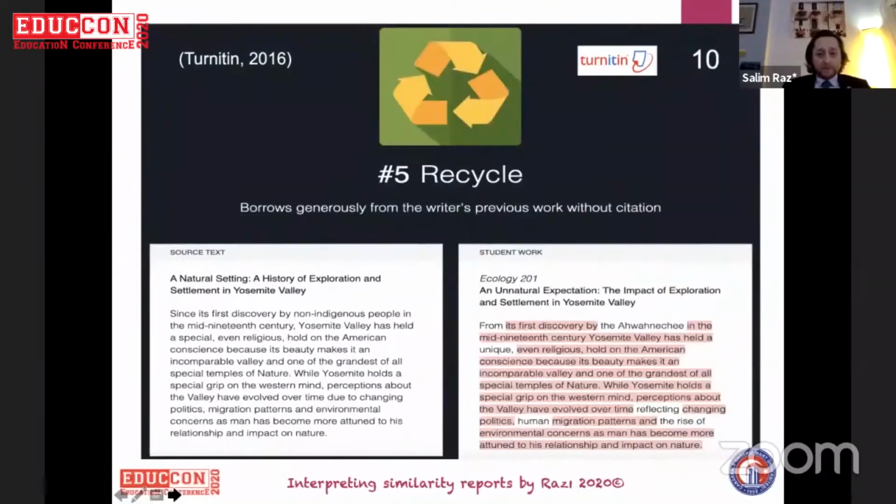In the fifth one, this time, the student is recycling. This is recycled plagiarism, or sometimes we also call this self-plagiarism. It means that the student or the author is submitting one assignment for two different courses. It could be in the same year or in different years.